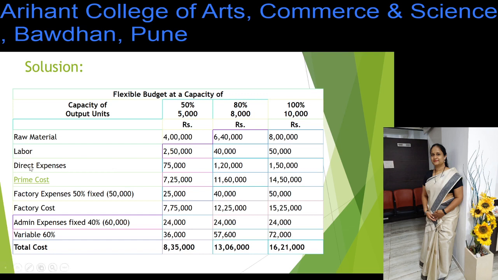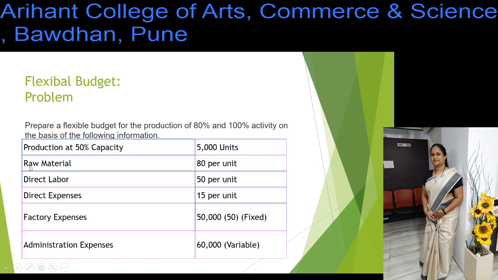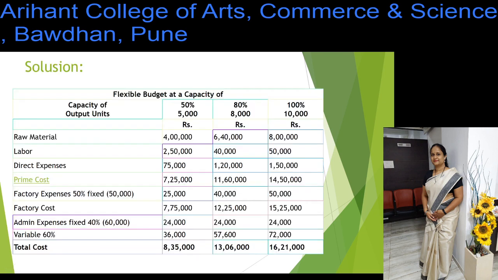Then direct expenses is 15 per unit. So 15 into 5,000 is 75,000. Then 15 into 8,000 is 1,20,000 and 15 into 10,000 is 1,50,000. So you need to make addition of the raw material, labor and direct expenses. You will get prime cost for all these capacities of production.